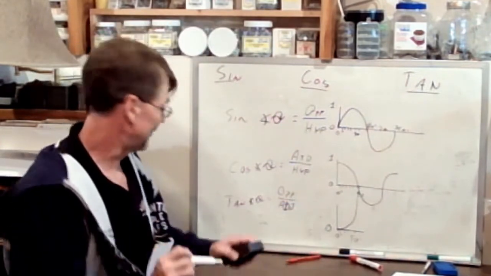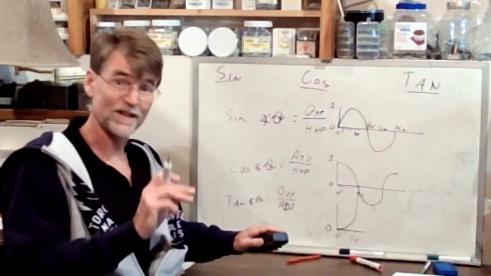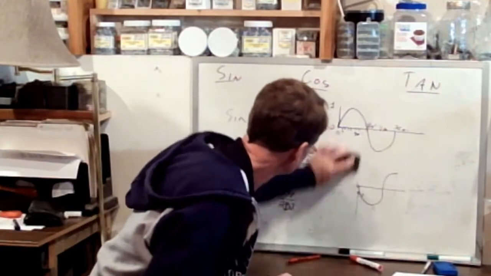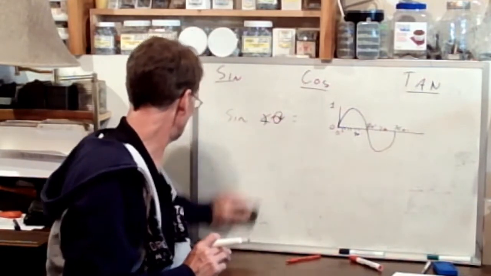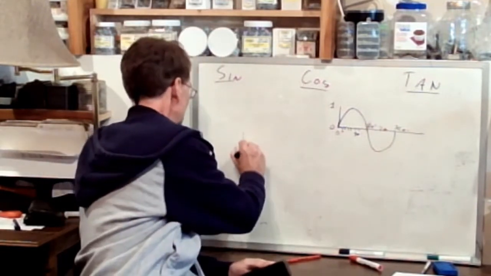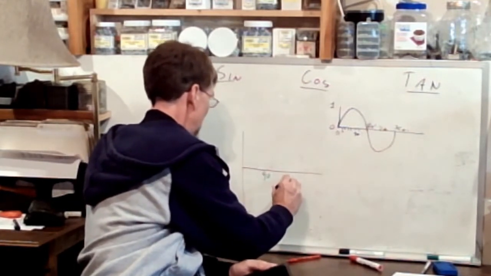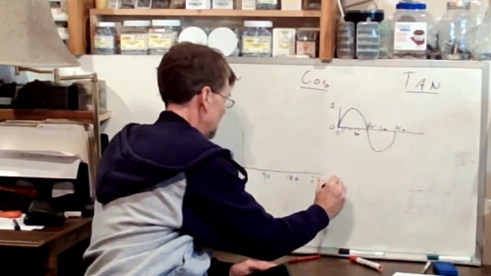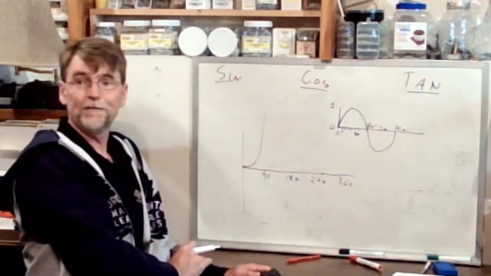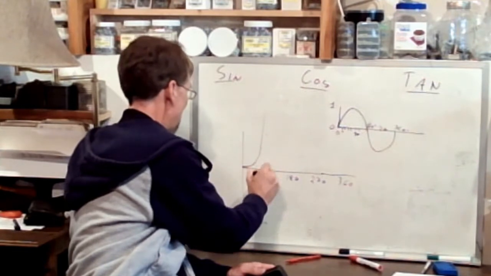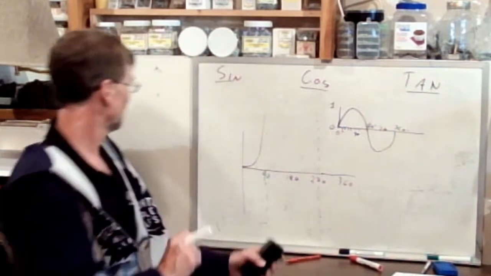Now tan's the crazy one. I'm just going to erase this and start over because tan is awesome. I want to leave the sine wave for a minute so we can compare back to it. So we already saw 90 degrees, 180, 270, 360. We start at 0, we go infinitely large at 90 degrees. I'm going to draw another dotted line here at 270 so I can get this right.